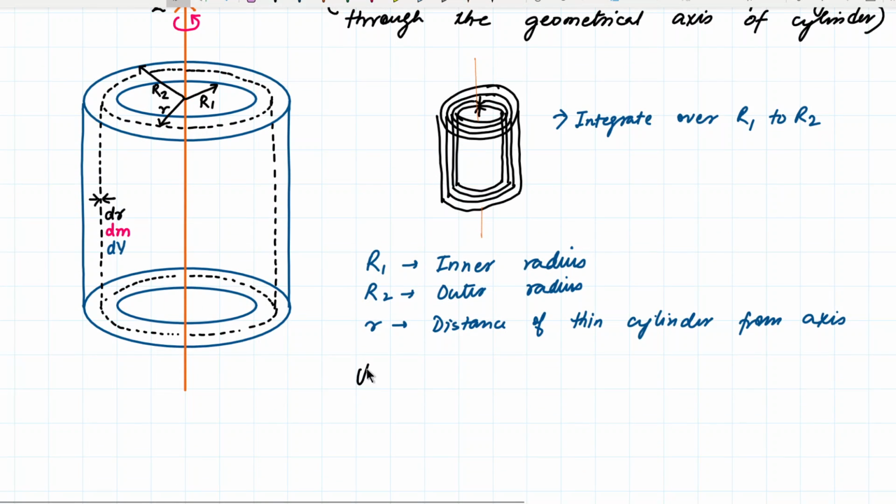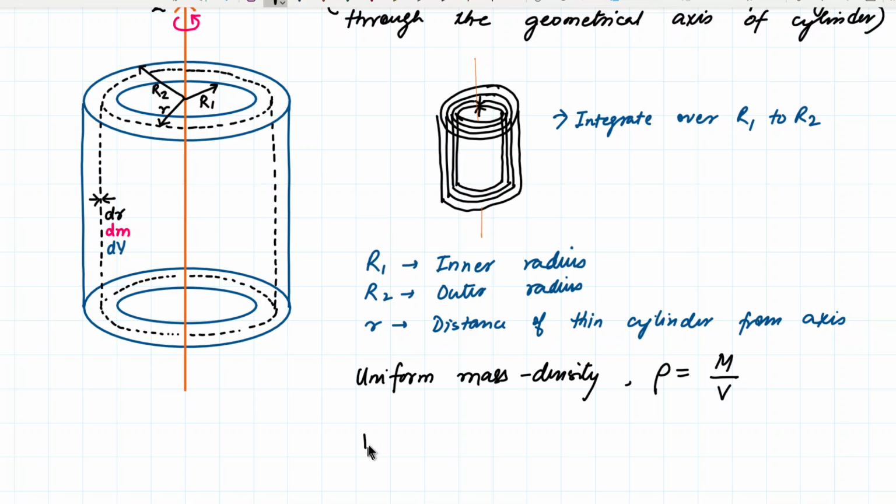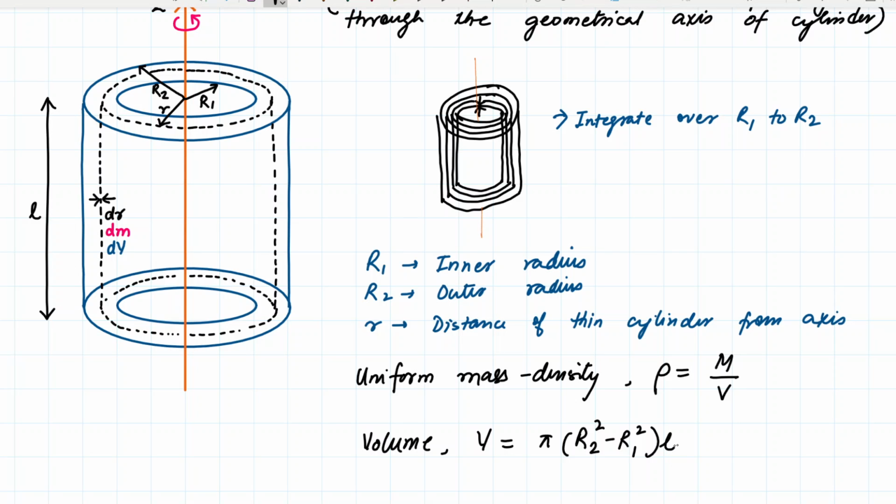So let's suppose that this has a uniform mass density, which is given by rho. So rho is nothing but equal to m upon capital V. What is V? V is pi (r2 square minus r1 square) times L, where let's suppose the height is L. This is the volume of the cylinder.